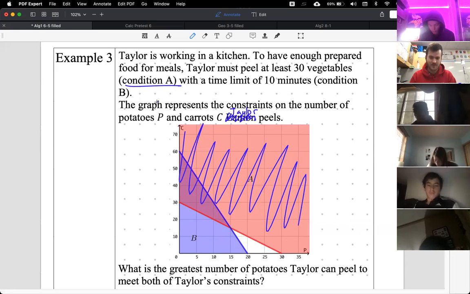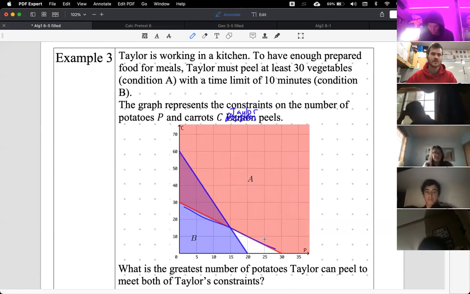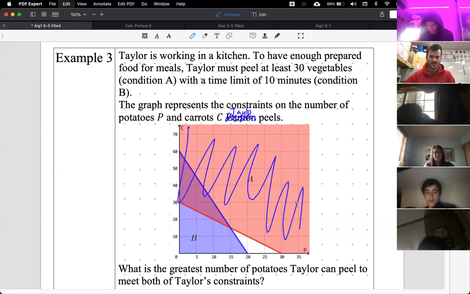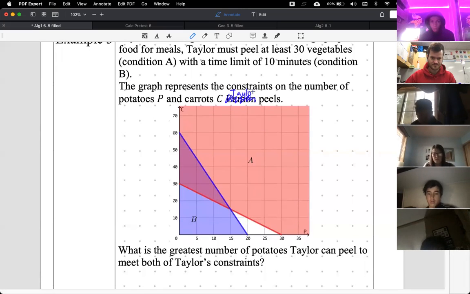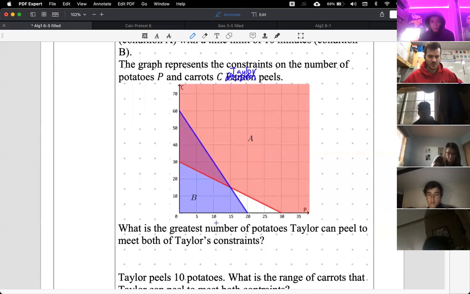So everyone can see on the graph, A means I'm above this red line right here. We're all okay, we nod our heads. This condition A means we have to be somewhere up here. And then condition B means there's a time limit of 10 minutes. I have to be beneath that line down there. So let's go ahead and read the question. The question asks, what is the greatest number of potatoes Taylor can peel to meet both of Taylor's constraints?